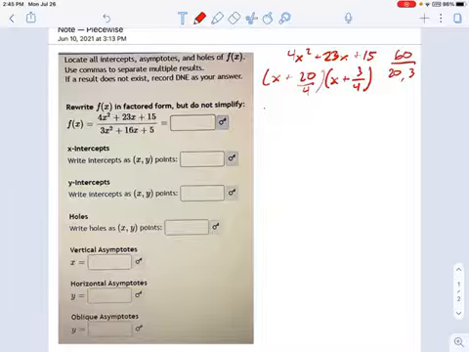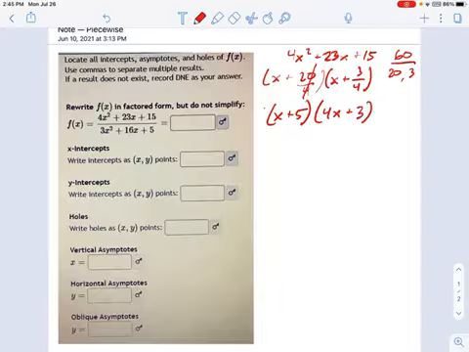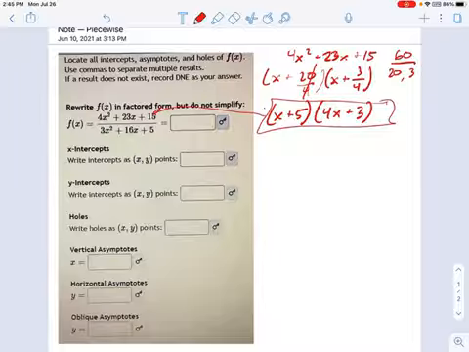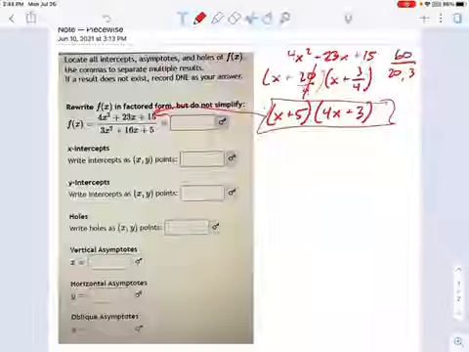Now, 20 over 4 simplifies, right? That's just x plus 5. But 3 over 4 does not simplify, so this becomes, in our shortcut method of factoring, 4x plus 3. And if you compare x plus 5 times 4x plus 3 to that term right there, you'll see that this is the correct factoring.